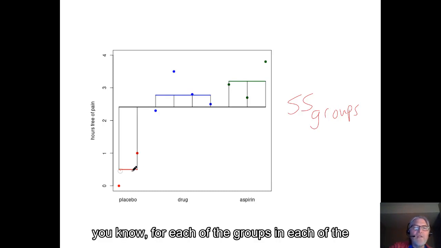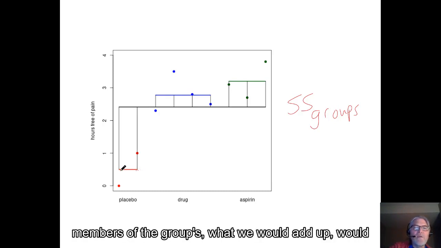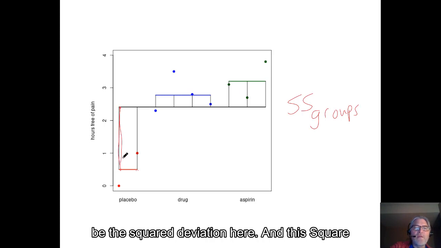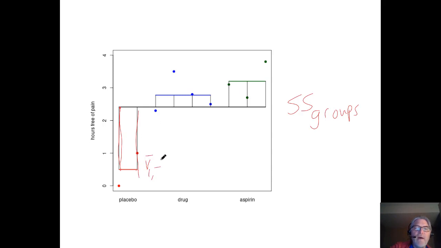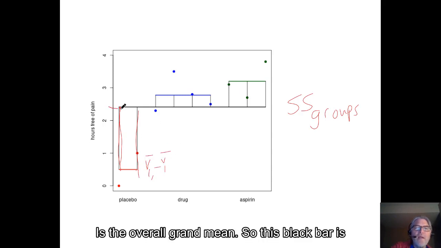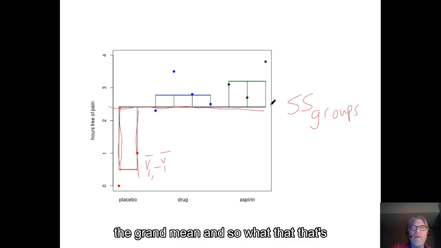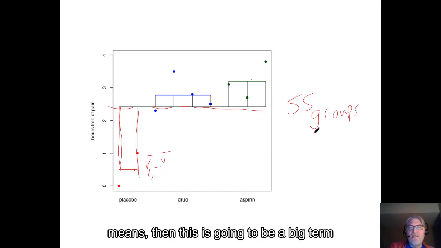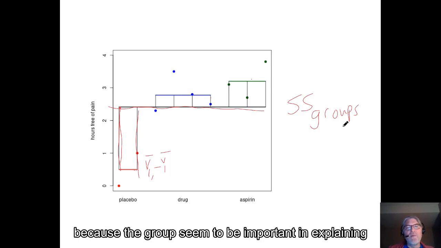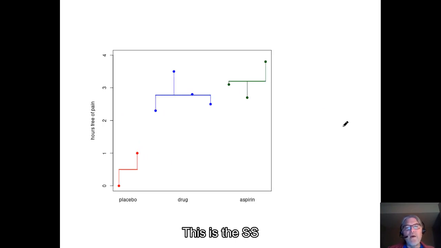But for each of the members of the groups, what we would add up would be the squared deviation between, say, the mean in group 1 minus the overall grand mean. So this black bar is the grand mean. And so that's what the SS groups is depicting, right? And so if there's a lot of variability in the group means, then this is going to be a big term because the groups seem to be important in explaining the data.